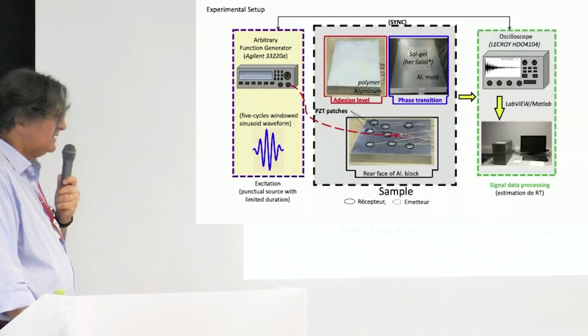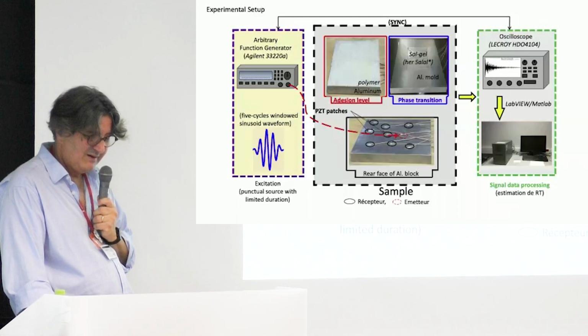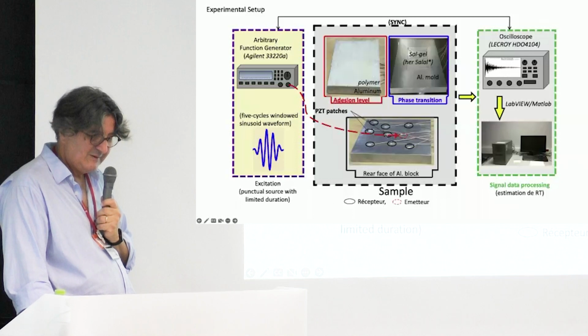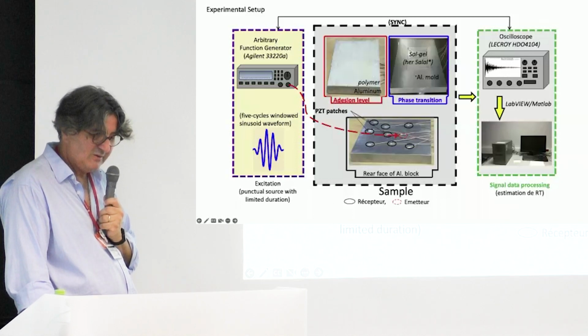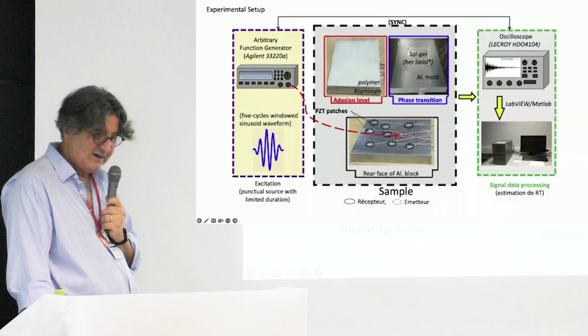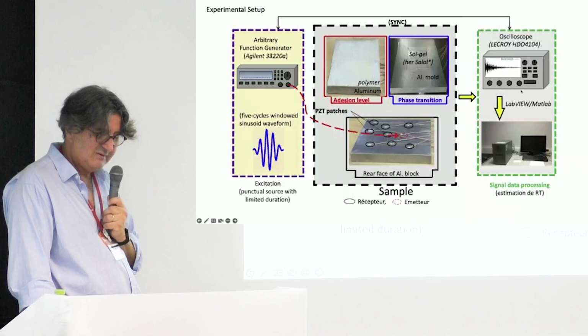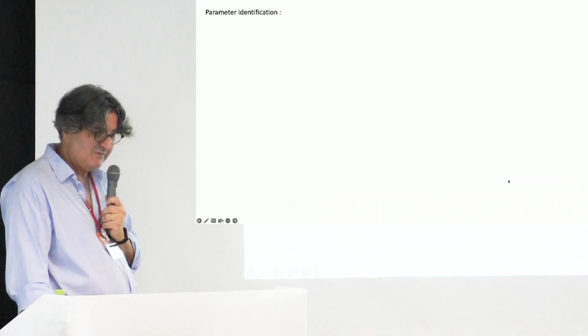Here is the typical experiment: few sensors, an aluminum block on which you put your sol-gels, and then you record the signal through an oscilloscope and transfer it for treatment in MATLAB.